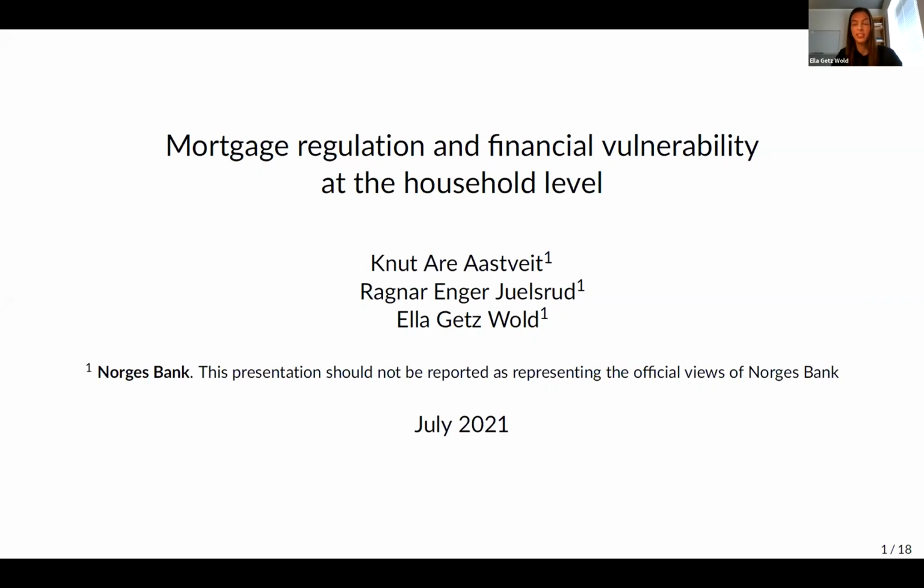So thanks a lot. The title of the paper is Mortgage Regulation and Financial Vulnerability at the Household Level. This is joint work with Knut and also with Ragnar Julsrud at the Norwegian Central Bank.